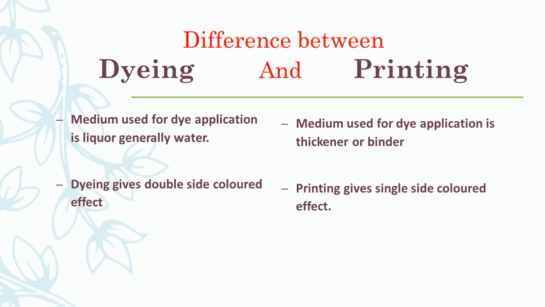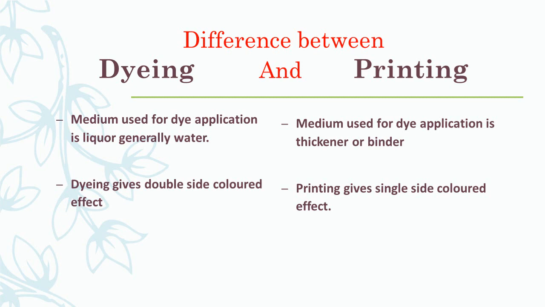Now you can observe the printed fabric. You can observe any of the printed material, bed sheet, curtain nearby you. So what you can observe? At one side there is prominence of the design. The color effect at one side is prominent enough, whereas at the back side you will observe that there is either no effect or a light colored effect.